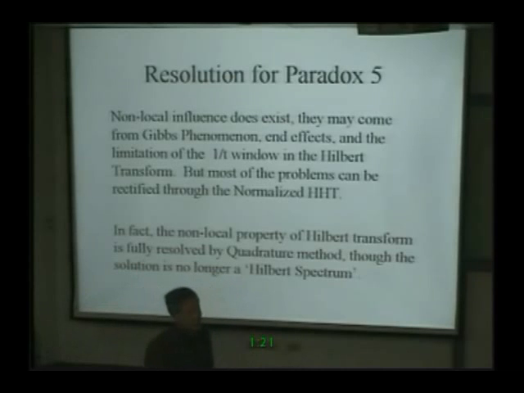It's based on the same principle, but through different computation. So even paradox number 5 is not a limitation to us anymore. Now in time frequency analysis, we start to have some new solutions, a new view. And this new view will fully take care of the non-stationarity and the non-linearity in the data.